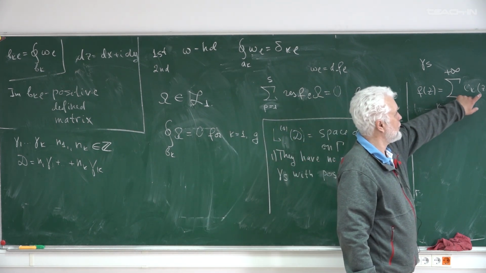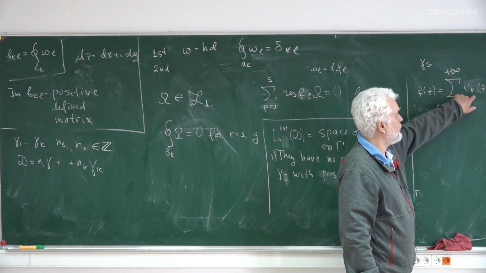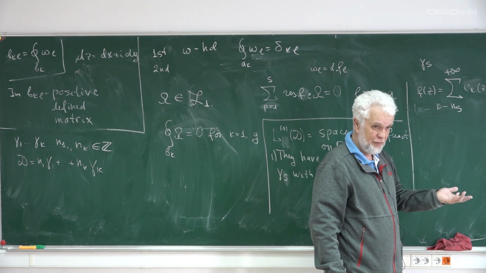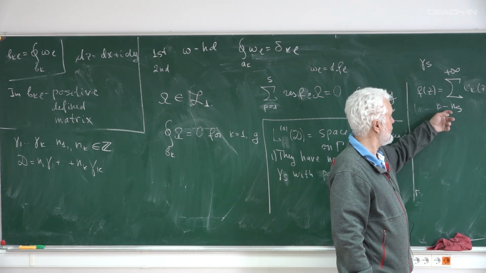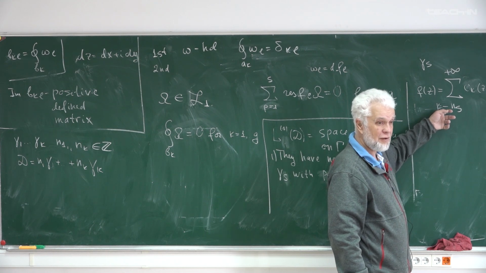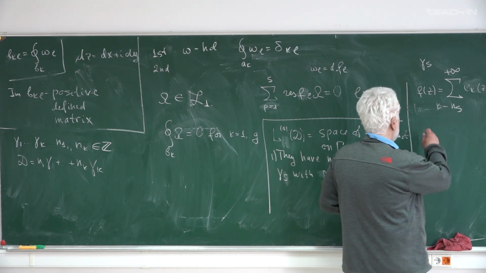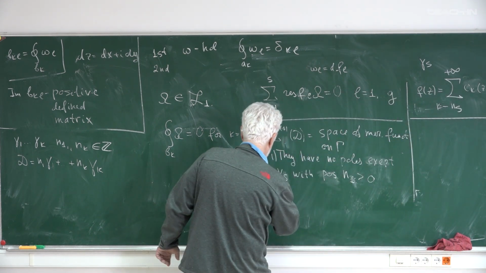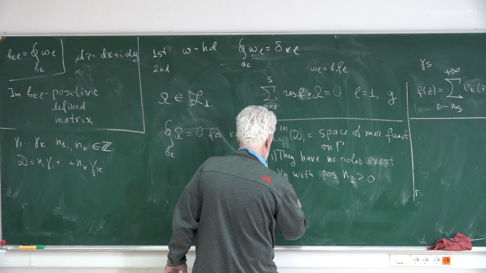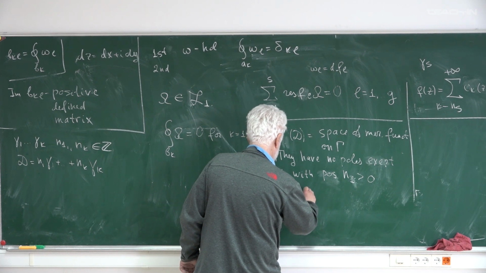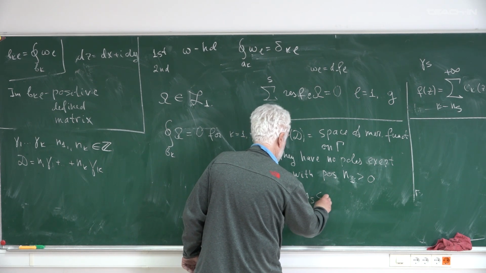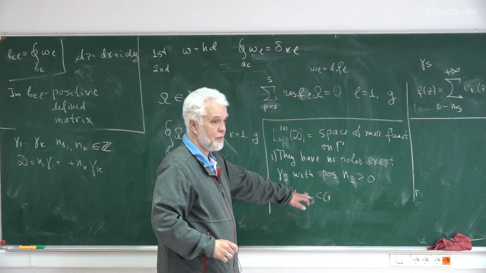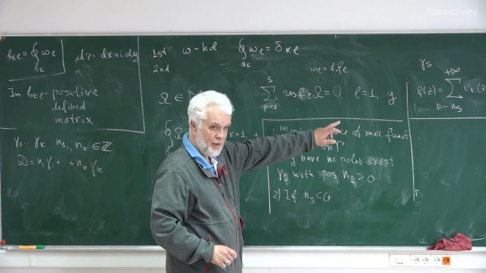We put the following constraint. We have a Laurent expansion. It may have infinitely many positive terms, but the negative terms are not higher than minus ns, if ns is negative. And the second property, if ns is greater than 0, the same constraint.